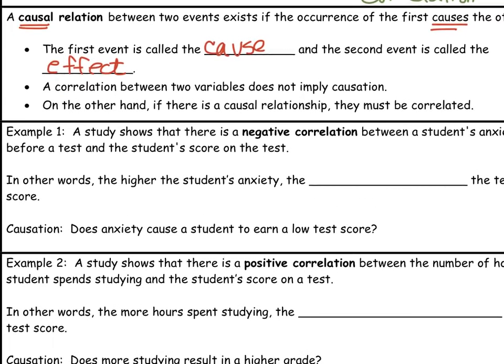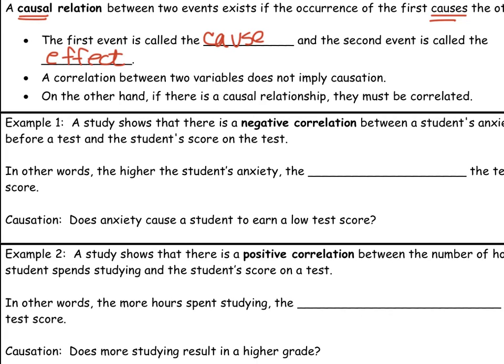In example 1, a study shows that there's a negative correlation between a student's anxiety before a test and the student's test score. In other words, the higher the student anxiety, the lower the test score. That would be a negative correlation. So as this is increasing, the test score is decreasing. So, does anxiety cause a student to earn a low test score?